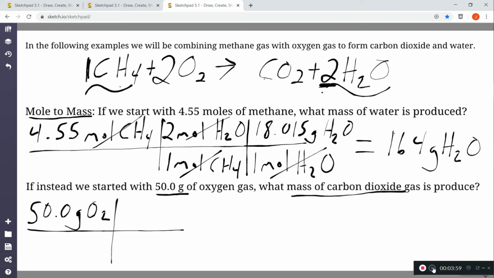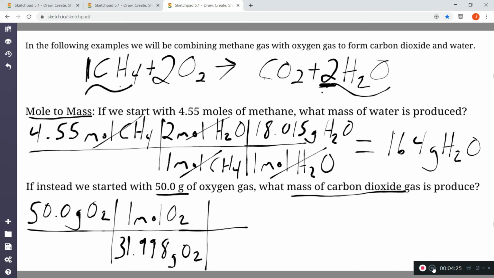We have to go from grams to moles. So on the periodic table, we figure out that O2 would be 2 times 15.999, which is 31.998 grams of O2. That's what 1 mole of O2 is.